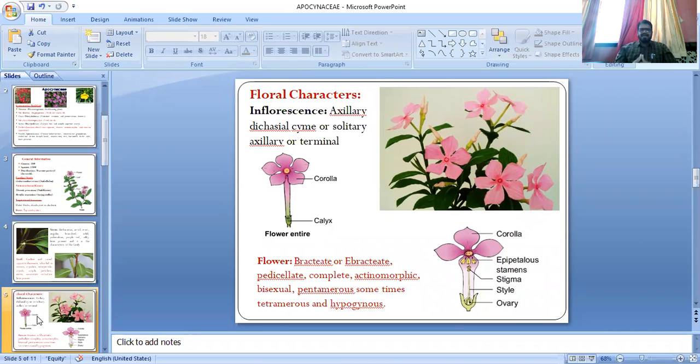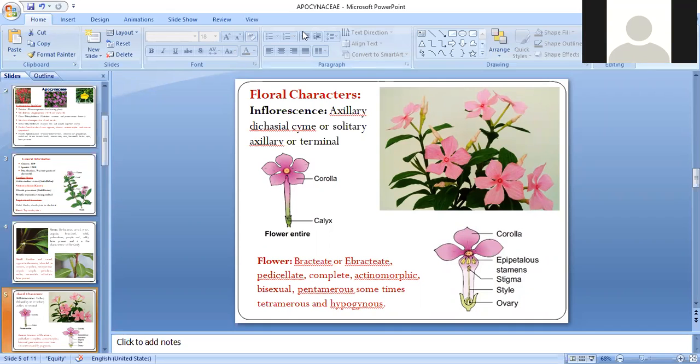So what is diaxial cyme? What is diaxial cyme? इसमें टू रहते सर.